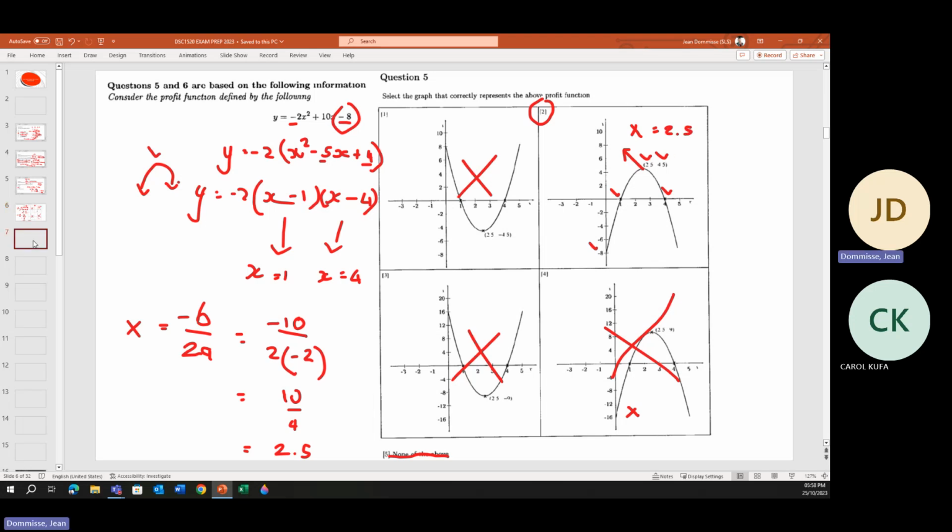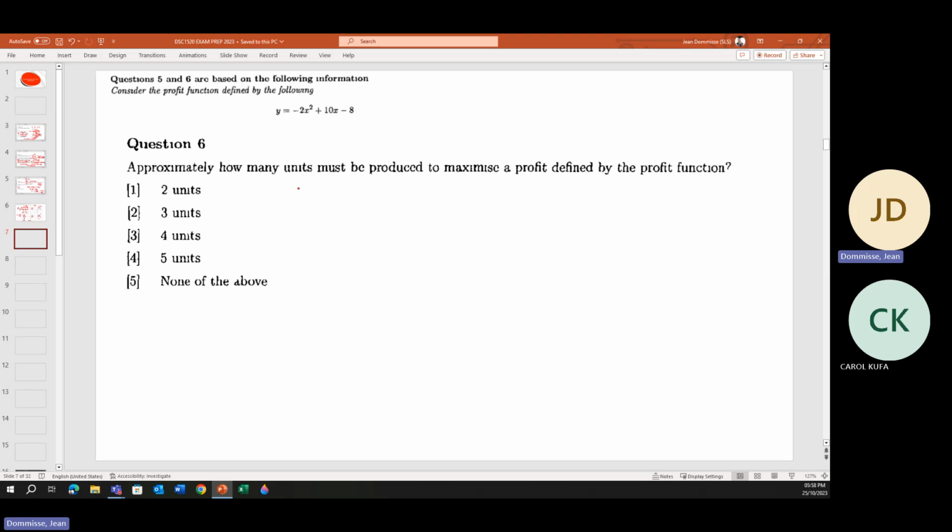So we will basically need to see how many units. So we need to get the 3 units because it is 2.5. You can't, again, produce half a unit. So then we round it up, and they also say approximately how many units.